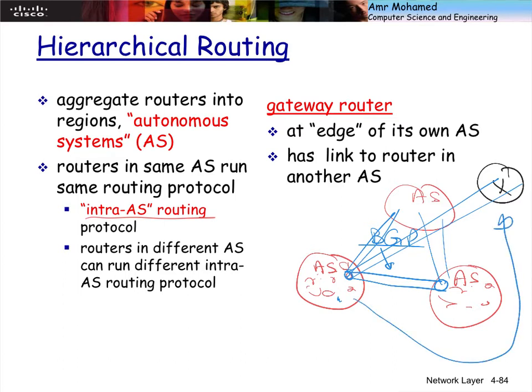I may have to go like this just because of the fact, يعني طبعا there is an autonomous system here, just because of the fact that I have service level agreement with this particular service provider.